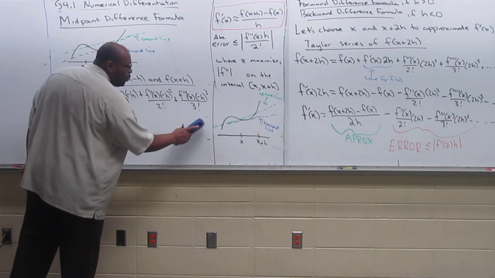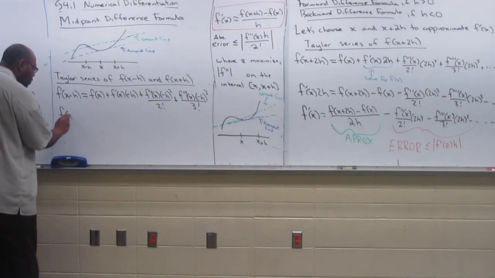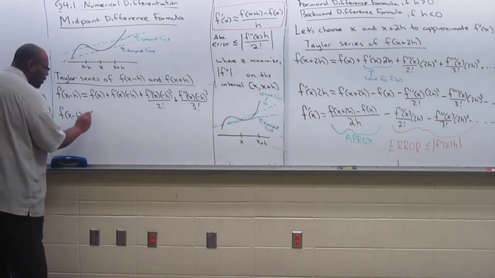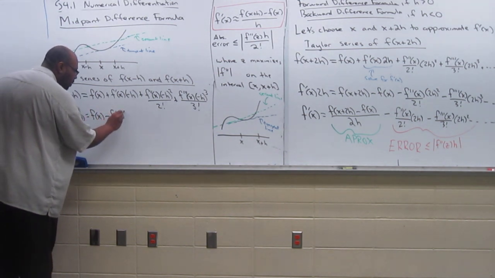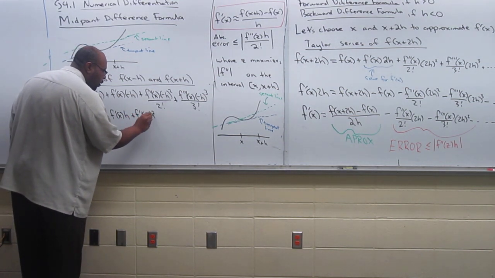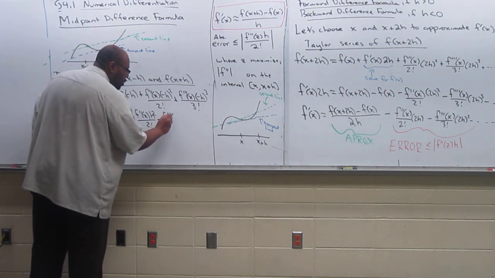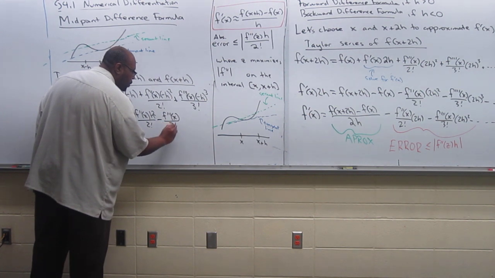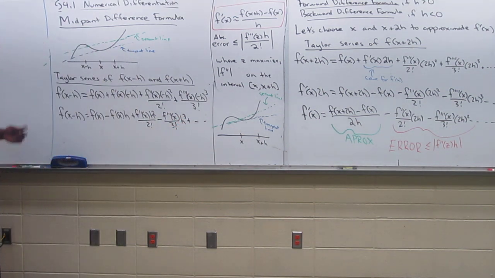If I wanted to, I really can write them just like this, right? I can say f of x minus h, just to simplify it just a little bit, is f of x minus f prime of x times h plus f double prime of x times h squared over 2 factorial minus f triple prime of x over 3 factorial times h cubed, right? That's the same thing. That's f of x minus h, the Taylor series for it.